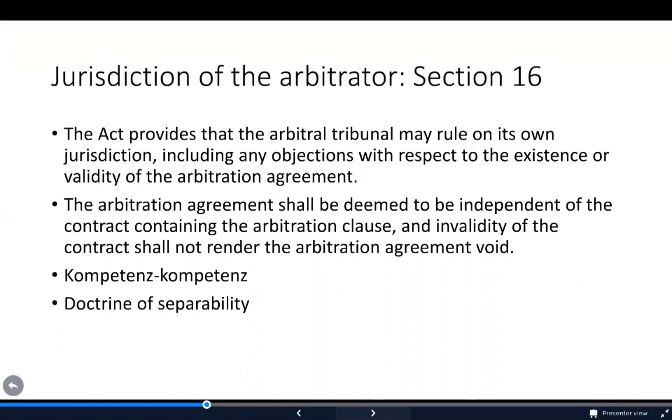Do you go to the courts to challenge it, or do you go to the tribunal? The rule provided under section 16 is that once you have opted out of the court, it's always the arbitral tribunal where you have to move and challenge the arbitration agreement itself, which means the jurisdiction of the arbitrator. And this rule is called competence-competence, that the tribunal themselves have the right to decide on their own jurisdiction.